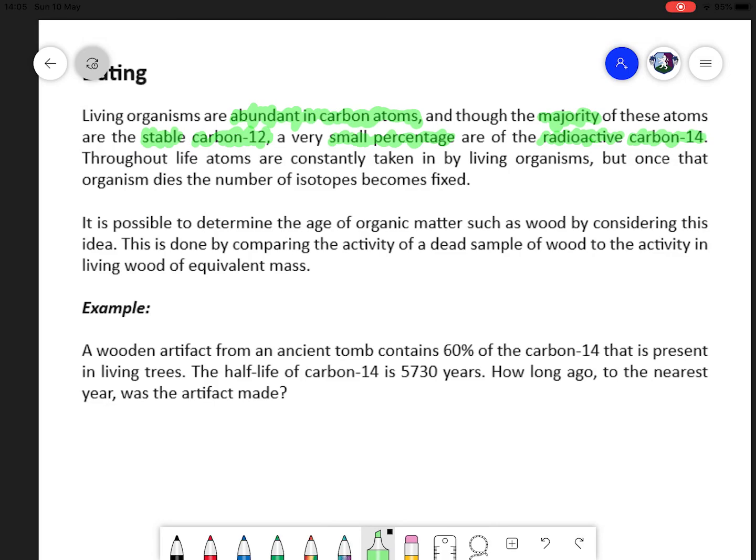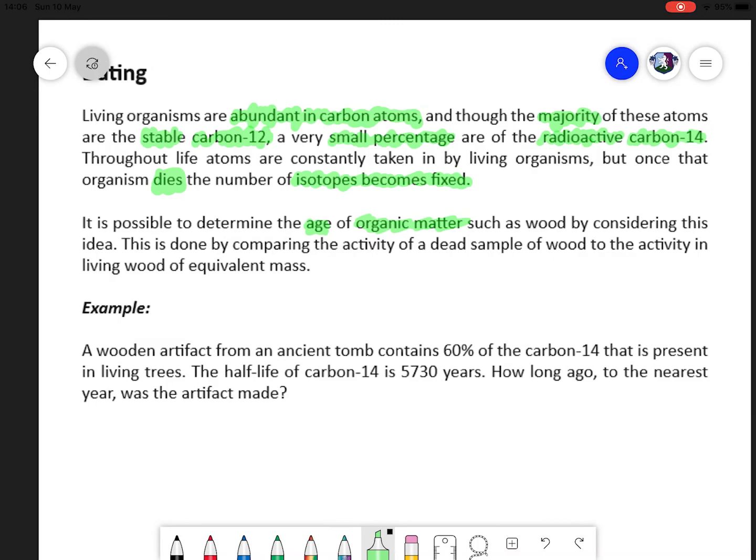It's very long-lasting. But throughout our living lives, we're continuously replacing these atoms, so it maintains this roughly fixed value. But once a living organism dies, it's no longer replacing these.